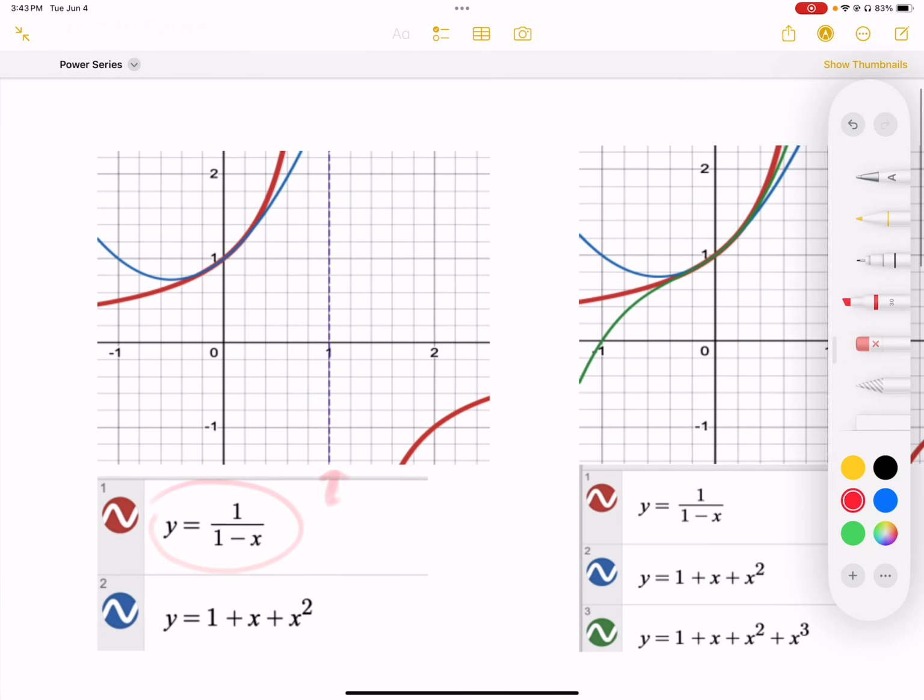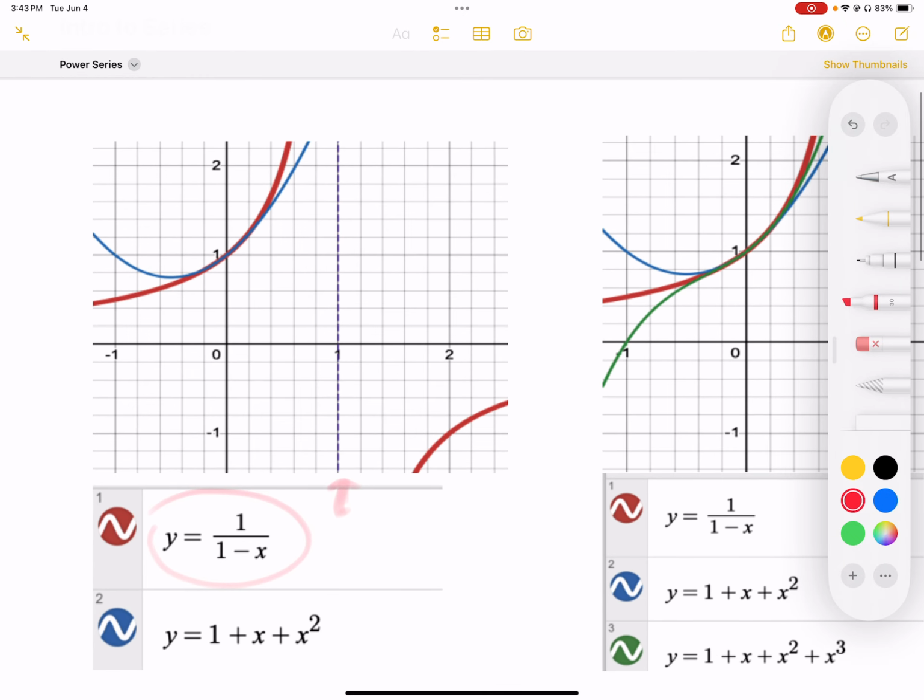And that blue graph is matching the red graph. Now, it's not a great match, but notice that it is matching exactly at the center, which is at 0. Between -1 and 1 it's kind of matching, and it's really matching closely near the center at 0.